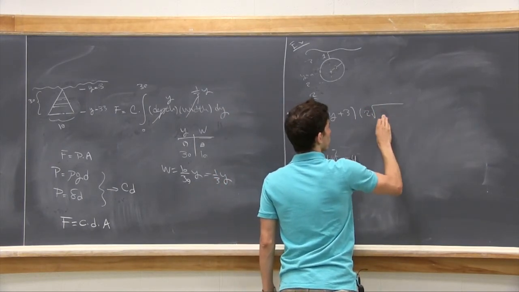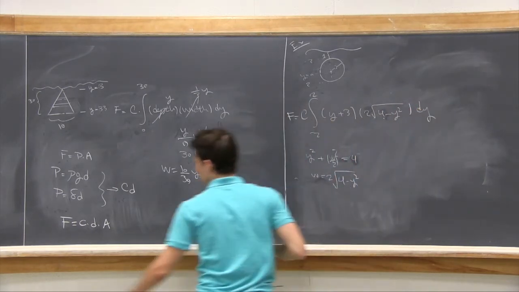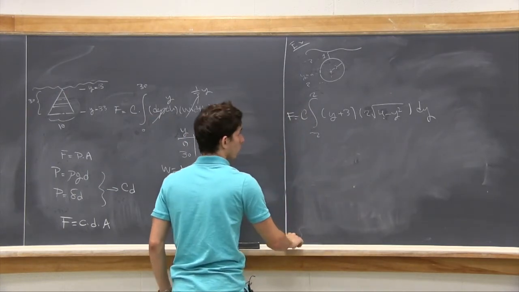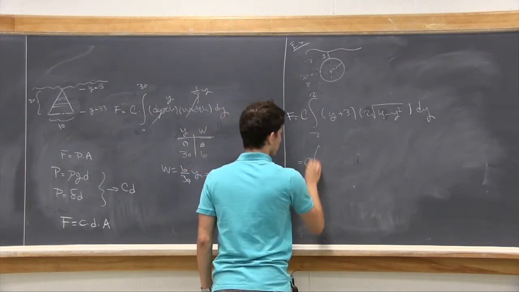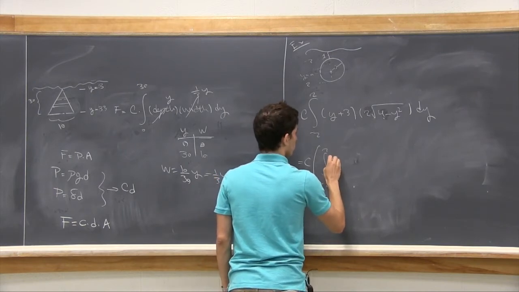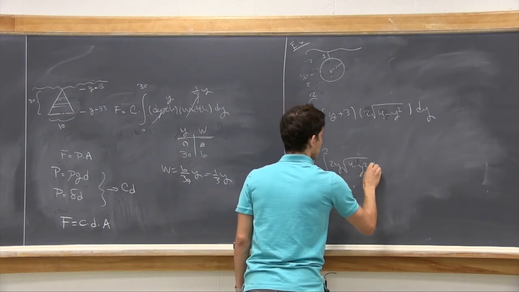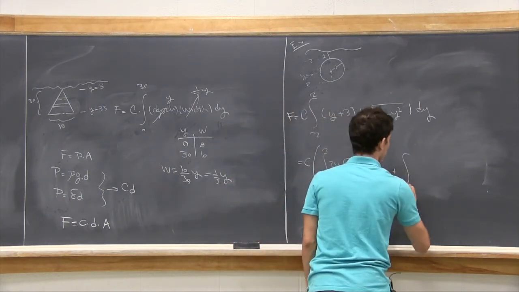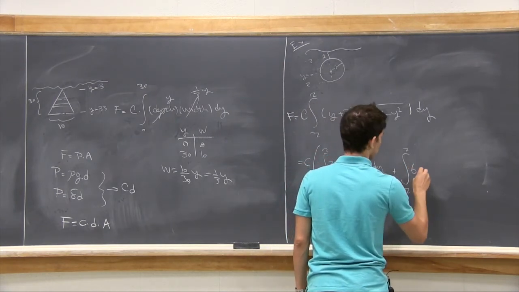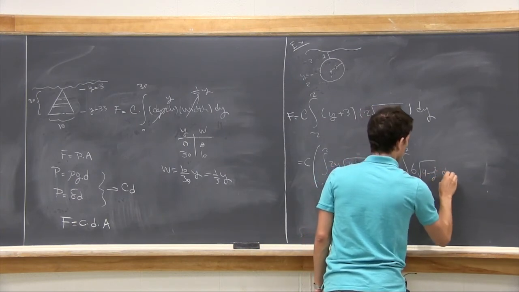And now all I got to do is make 2 integrals out of this one big integral, and then solve it. So it's going to be c times the integral going from -2 to 2 of 2y times square root of 4 minus y squared dy, plus the integral going from -2 to 2 of 6 times square root of 4 minus y squared dy.